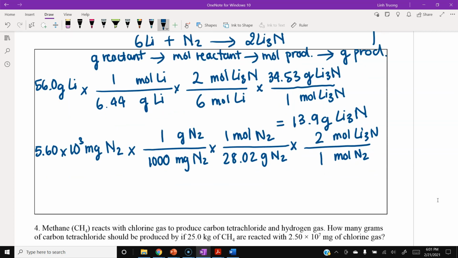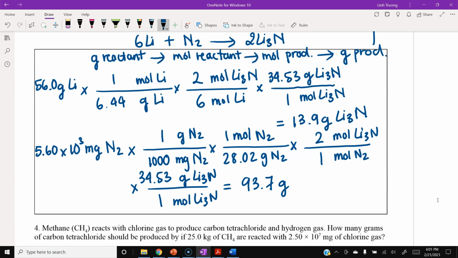For one last step, I'll write it down here since I'm running out of space. I need to cancel out mole of lithium nitride, so that's 1 mole down there, and then gram of lithium nitride here because that's what I want at the end. Our molar mass is 34.53, giving me the final answer of 93.7 gram of lithium nitride.